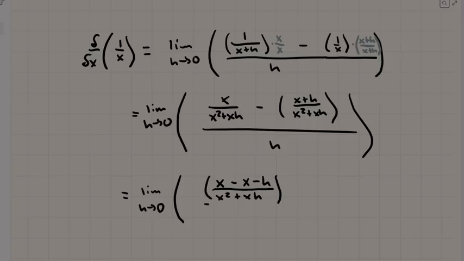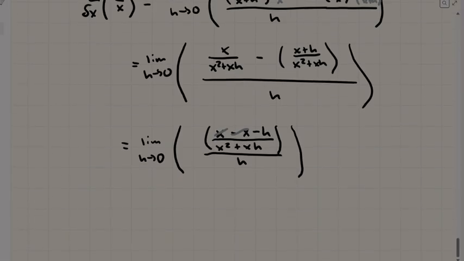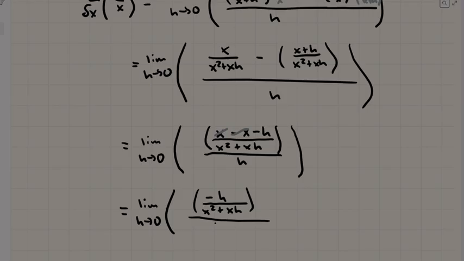That's our numerator divided by h. Okay. Well, if we look here in this numerator, we've got x minus x. And so then that just gives us negative h divided by x squared plus xh over h.